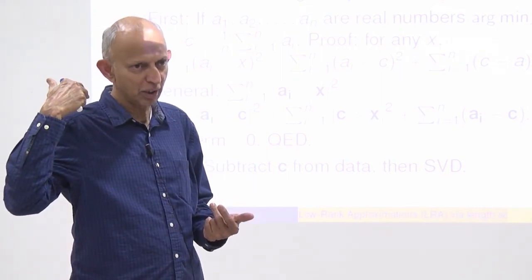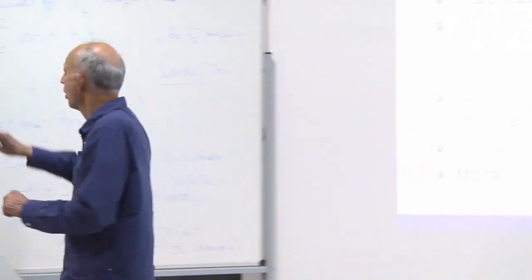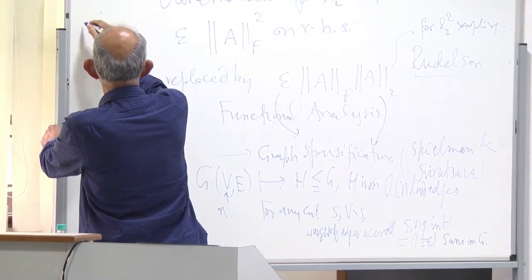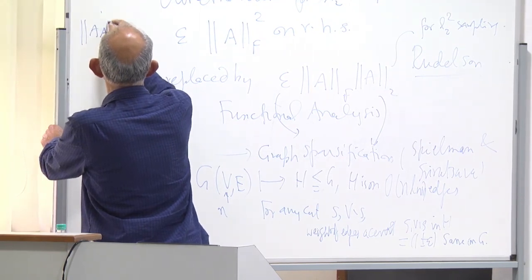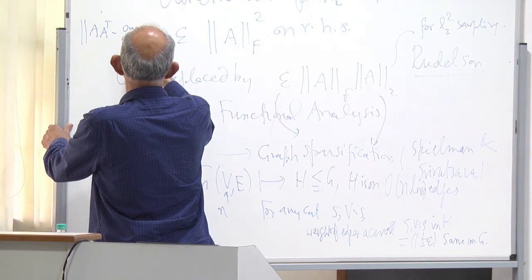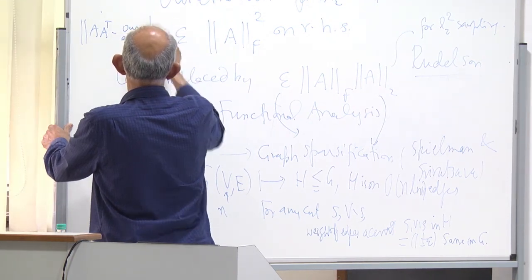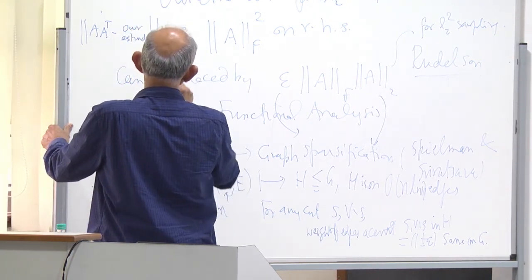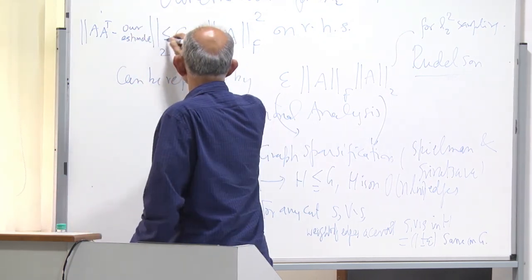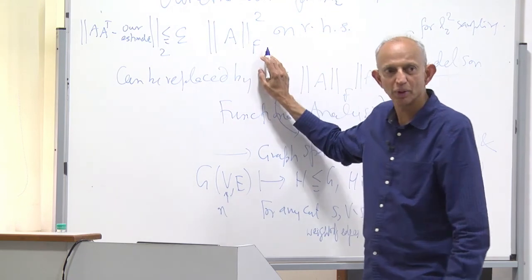That can be replaced. So, maybe I should say more specifically, we wanted to multiply two matrices A and B, A and A transpose, let's say. So A A transpose minus our estimate. Even if I wanted to bound the 2 norm, the right-hand side was only the Frobenius norm.